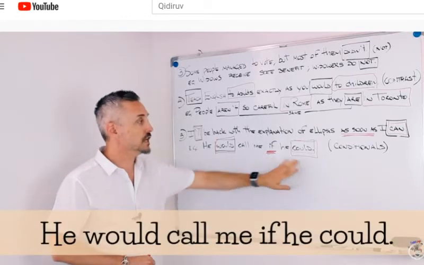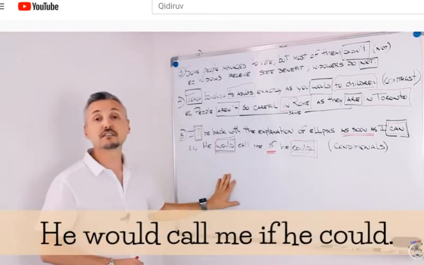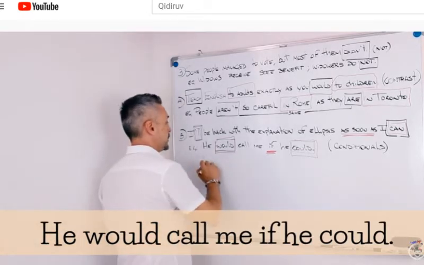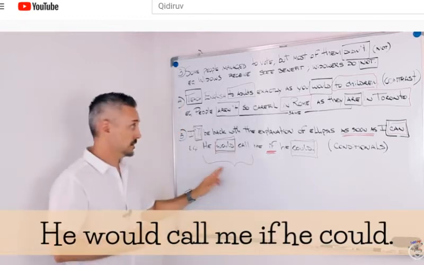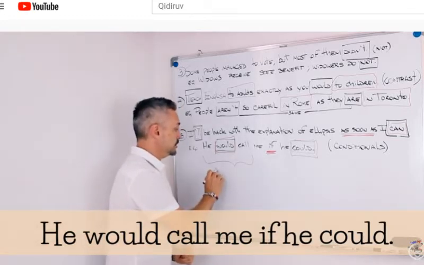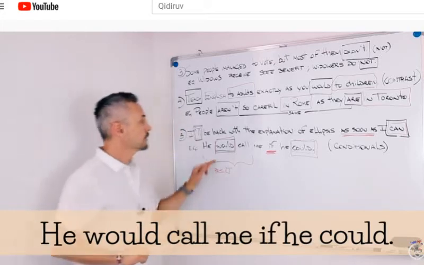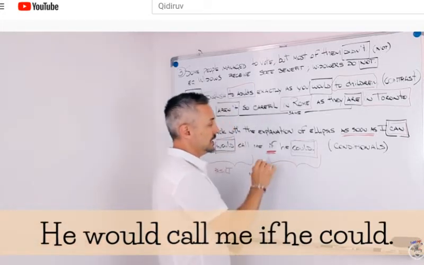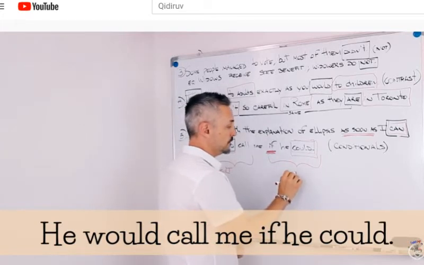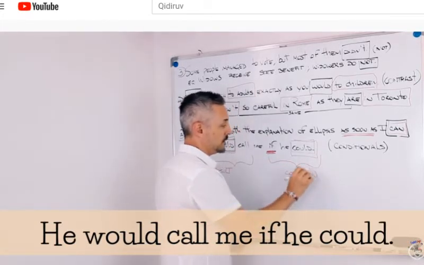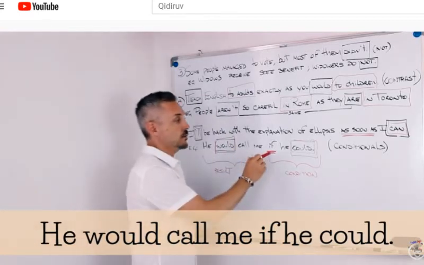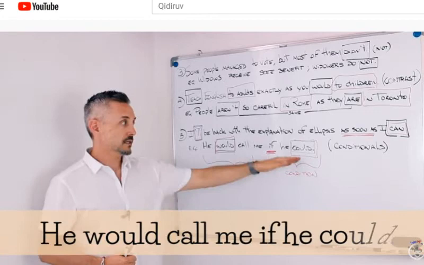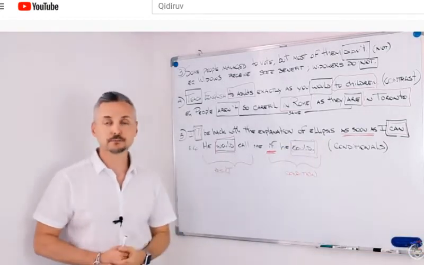He would call me if he could. This is an example of a second conditional. The first part is the result, with would, and the condition is with could. After if, we need the verb in the past simple. The past of can is could.